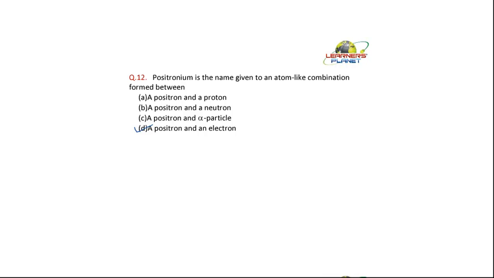Right? Now, students, this positronium is a very simple thing, I'll tell you. Sorry, I have written it wrongly, it should be positronium.